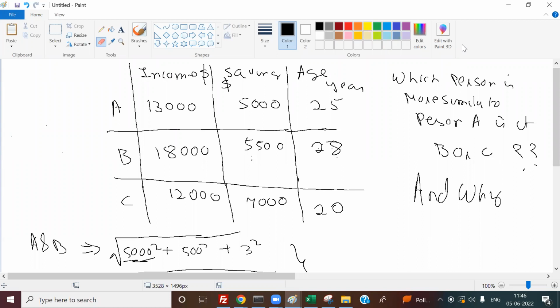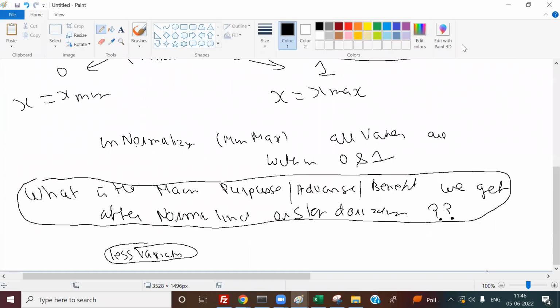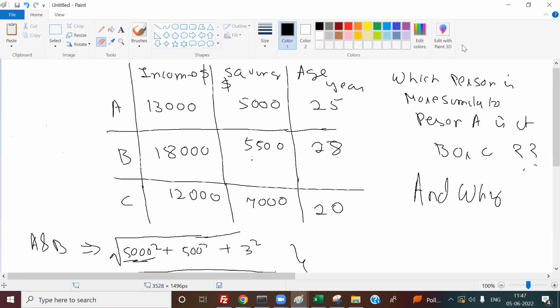फिर से सुनो and take a hint from there. And remember, the question which you need to answer is, what is the main purpose of standardization or normalization? उसको connect करो यहाँ से. Again, I'll repeat my statements till that idea gets into your mind. If I compare the age, then probably B is more similar.